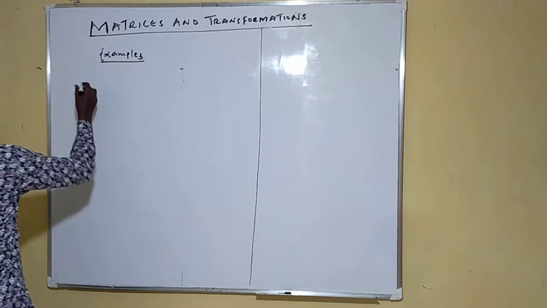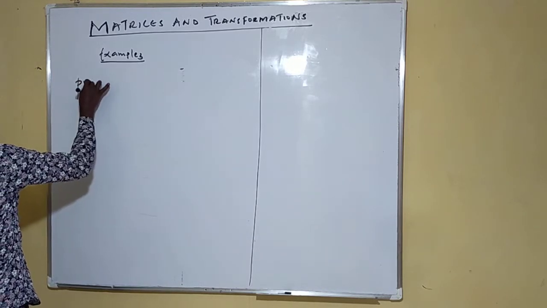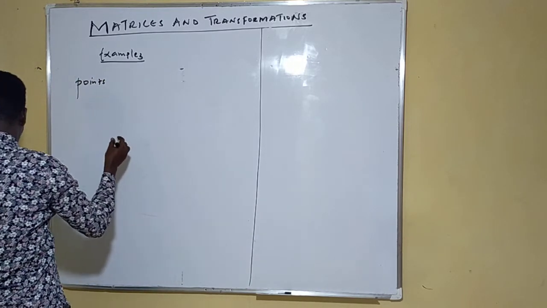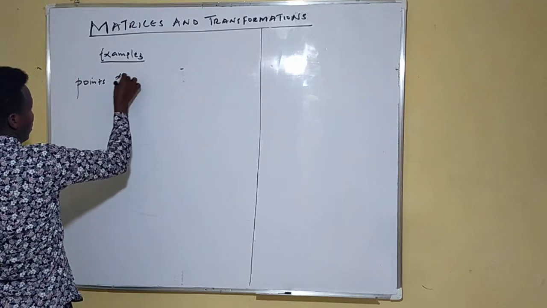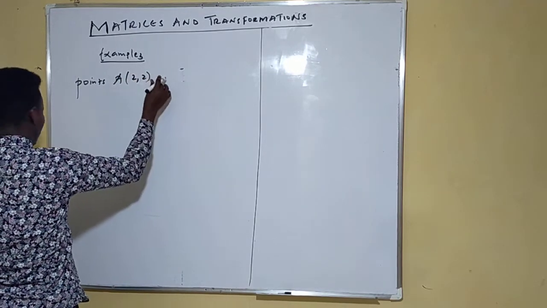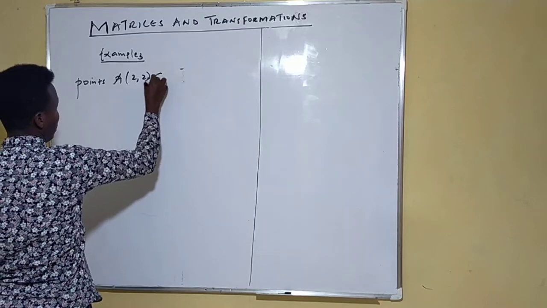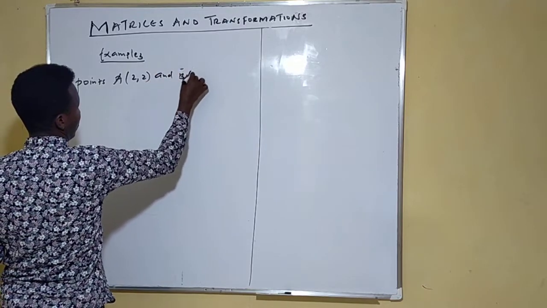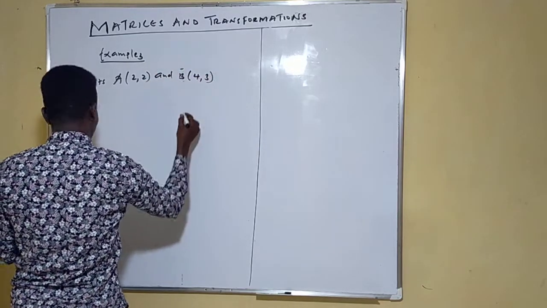Your object points: you have points A (2, 2) and B (4, 3).